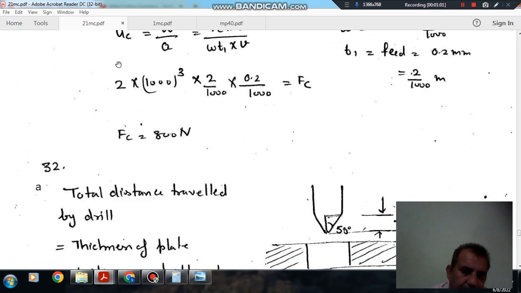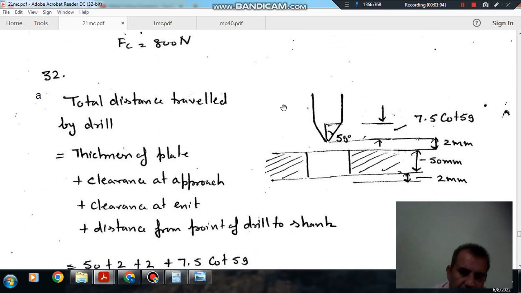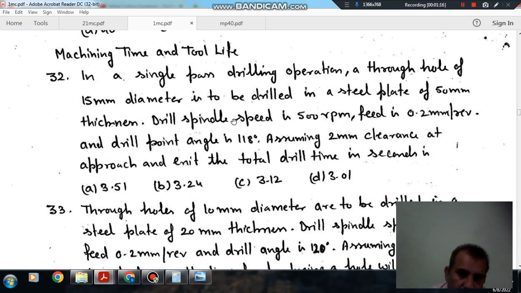So first of all we will calculate the total distance traveled by the drill. Suppose this is your drill and this is your hole, and the thickness of the hole is 50 mm.